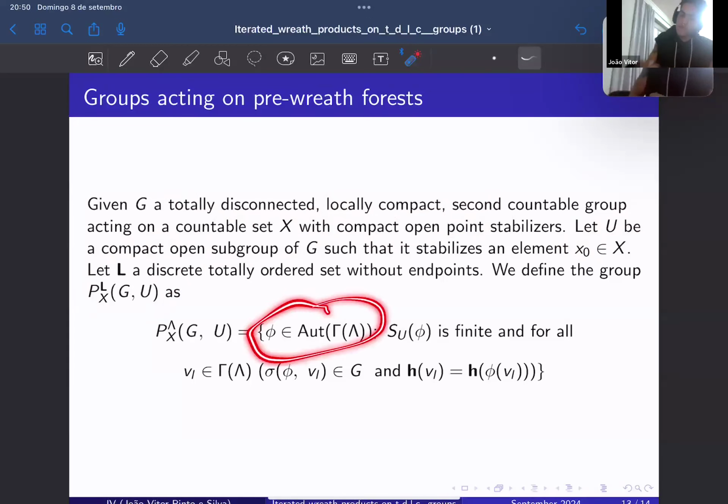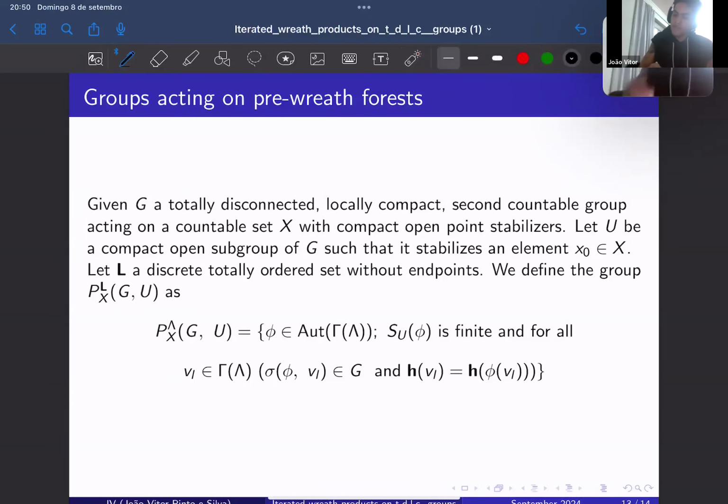as all the automorphisms such that, I forgot to define S_U.